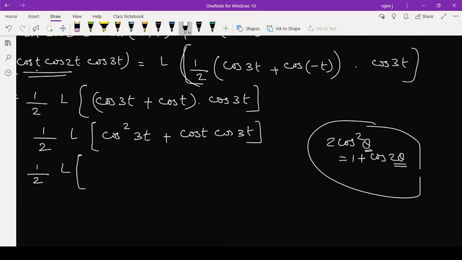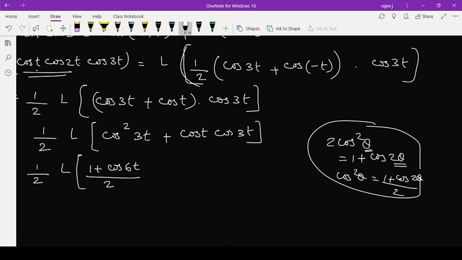Whatever angle comes in cos square, you will have double of that here. So cos square 3t means 1 plus cos 6t, divided by 2, because 2 cos square theta is 1 plus cos 2 theta, so cos square theta is (1 plus cos 2 theta) divided by 2.